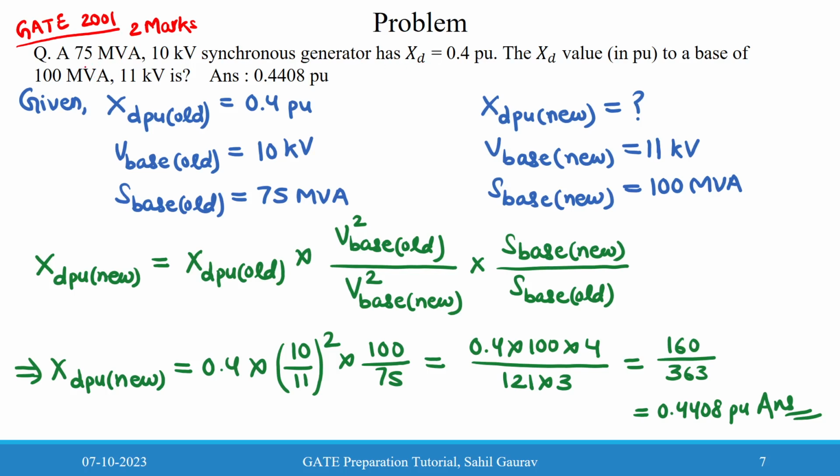In this question, a 75 MVA 10 kV synchronous generator has Xd equal to 0.4 per unit. The Xd value in per unit to a base of 100 MVA 11 kV is?